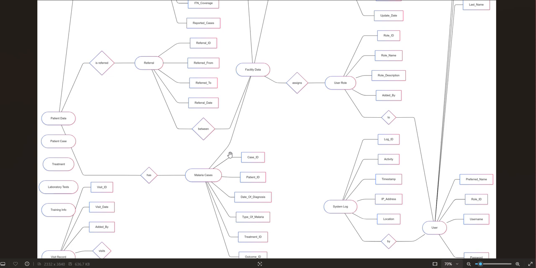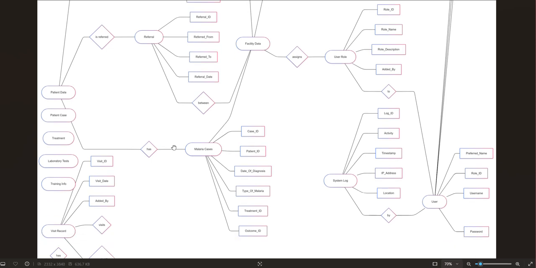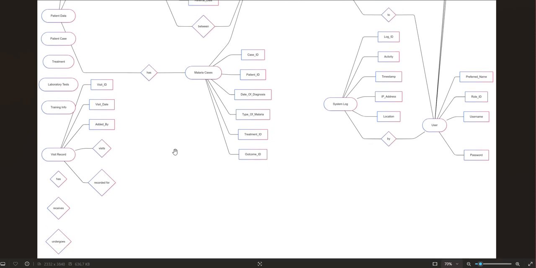That is basically an overview of this ERD, which represents the design of a robust health facility database management system. So we have very many entities.